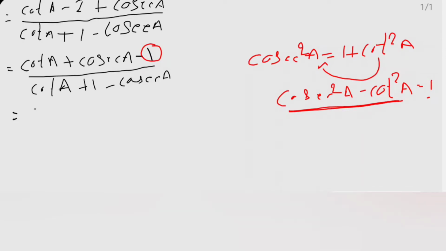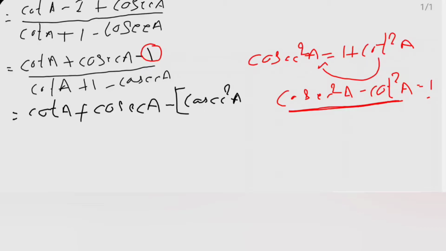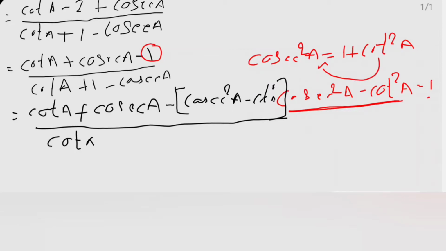So the next step becomes: cot A as it is plus cosec A as it is minus, in a bracket, (cosec square A minus cot square A), divided by cot A plus 1 minus cosec A as it is.